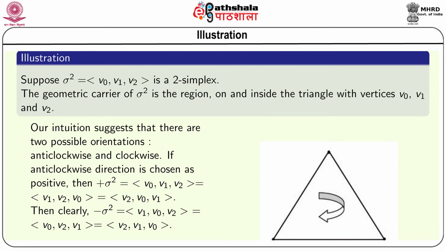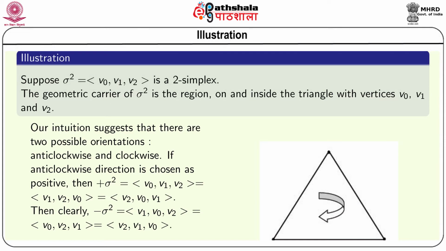In the second illustration, we take a two simplex V0, V1, V2. Then the geometric carrier of sigma 2 is the region on and inside the triangle with vertices V0, V1 and V2. Our intuition suggests that there are two possible orientations.